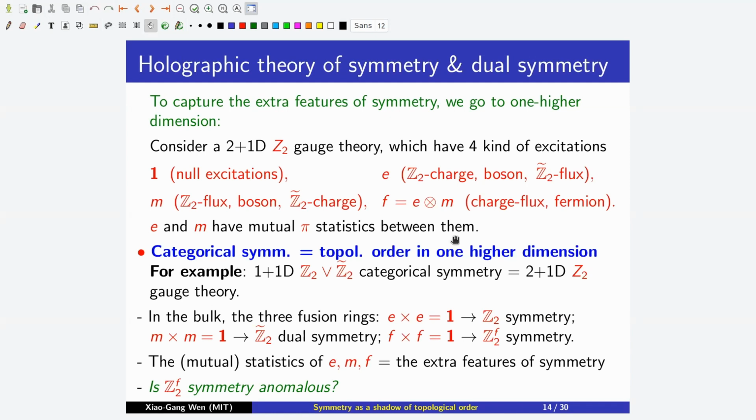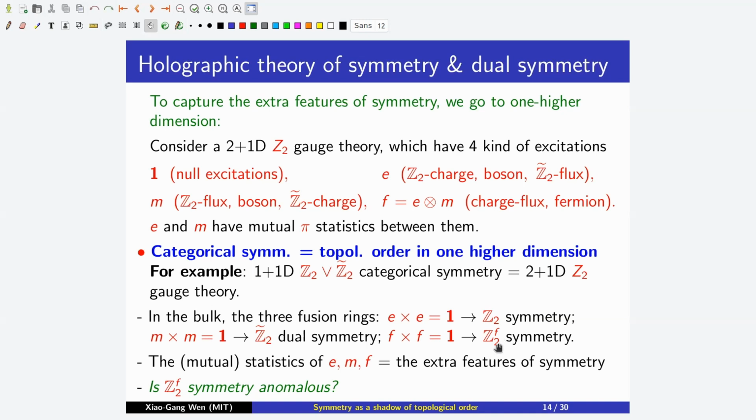So we have a really weird symmetry that has Z2 conservation, but the end of a string operator is a fermion. So it's kind of like a self anomaly, but it's not.